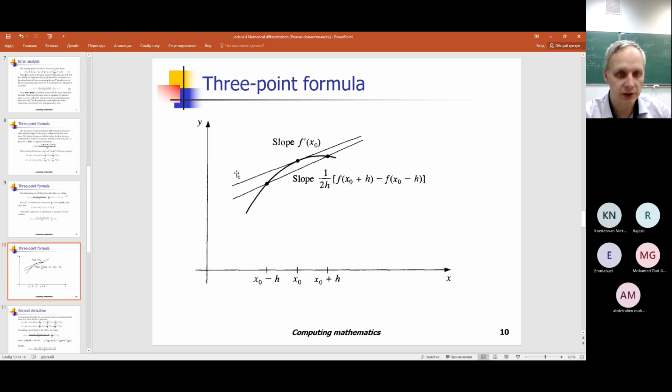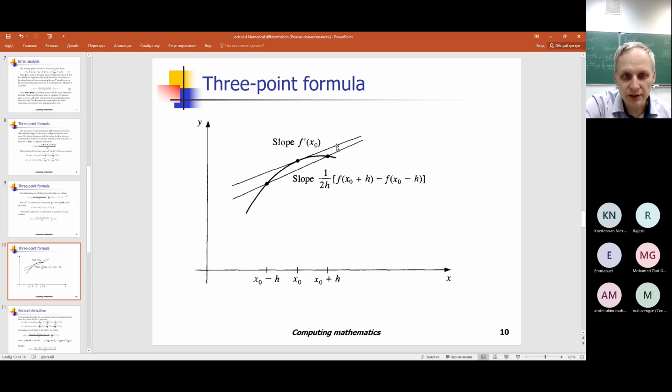But we approximate this slope with the slope of another line that passes through these 2 points, which we take with the step h, plus h and minus h.